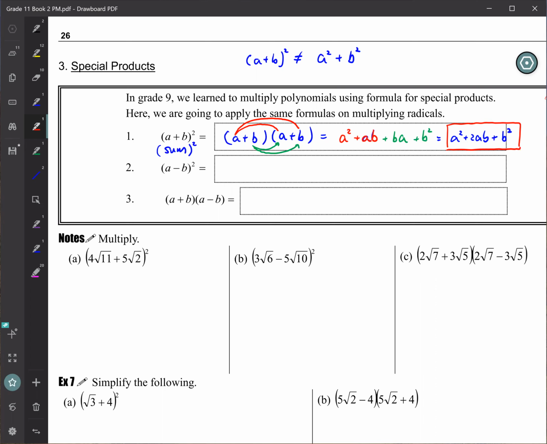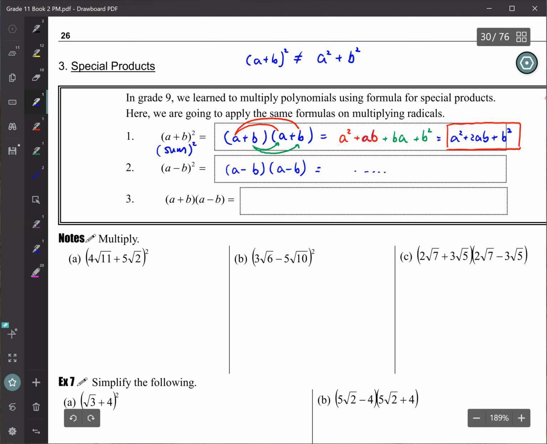Please do the same thing and find the formula for the second one. Raise your hand again when you finish. This time will be (a minus b)(a minus b).